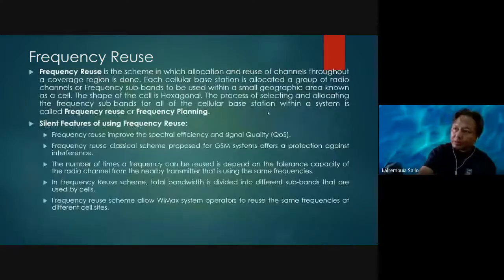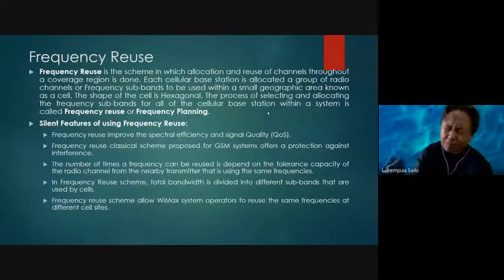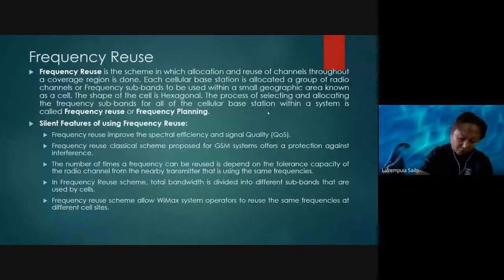Suppose I have 30 cells in a city. If we use a different frequency for each of these 30 cells, then our frequency will become exhausted, and that is also not a good technology.